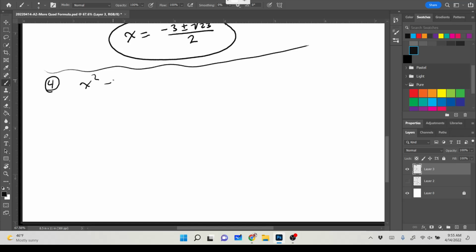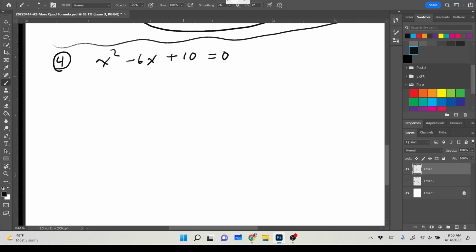X squared minus 6x, and we're going to kind of cheat and make it faster by putting plus 10 equals 0. So when we plug this into the quadratic formula, what am I going to put right here? Negative 6, you were right.